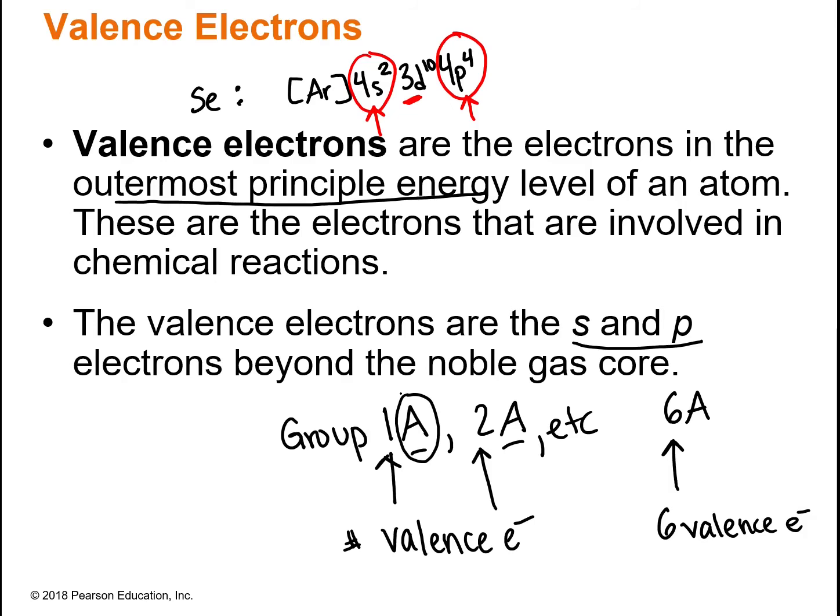So is that clear for valence electrons? We're talking about the ones that are the furthest out. They're involved in chemistry, and you can get that just from the group number, as long as the group number has the letter A at the end of it. Is that clear?